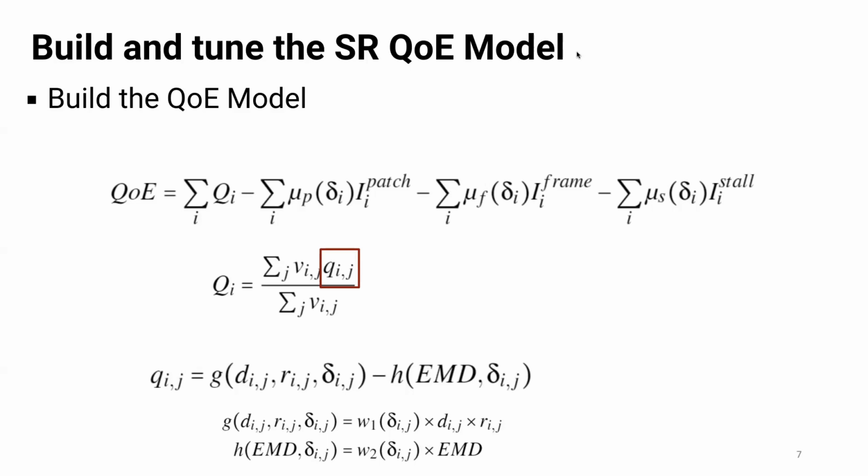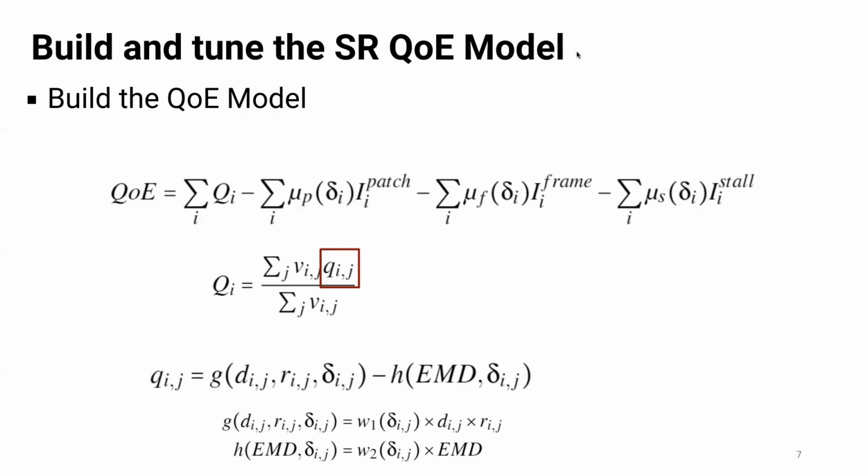So it's basically just multiplication between these variables, and they use a weighted parameter for each function for the delta. And EMD here is the Earth Mover's Distance between the upsampled point cloud and the ground truth point cloud.